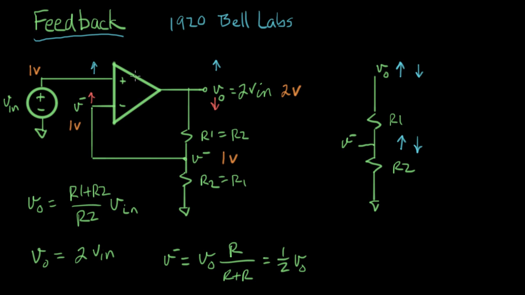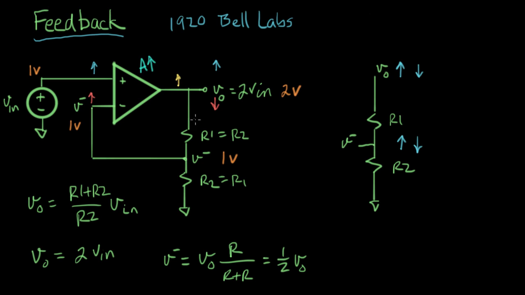So let's say for the moment that something happens to this circuit, like we heat it up or something like that, and the gain A goes up a little bit. Now what that means is that this amplifier, which is amplifying this voltage difference right here, is going to give a little higher output. So A goes up a little bit, and that means that this output voltage is going to go up a little bit.